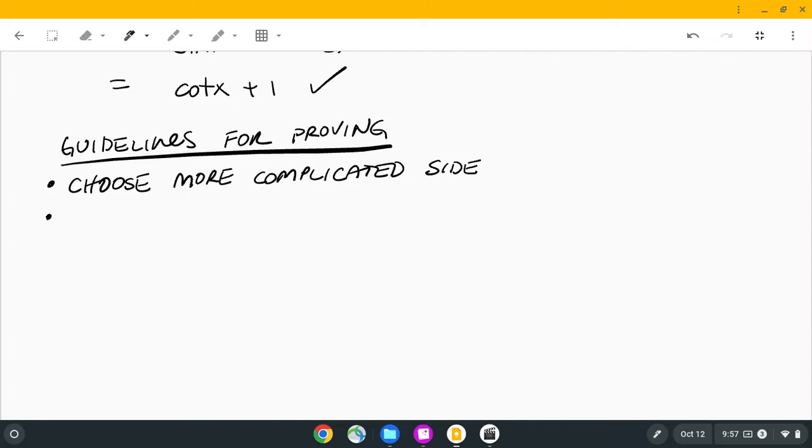And then start with using basic identities. So these are the ones that we wrote down at the very beginning of the lesson.